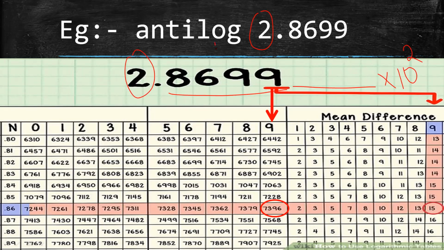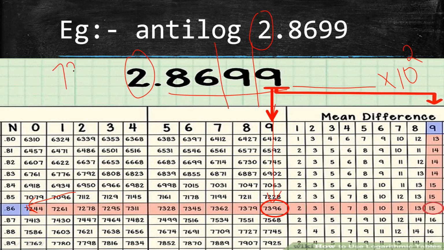Here you have to divide it into a set of 2 digits, 1 digit, and then 1 digit. The first part is 0.86, so you have to keep your ruler against 0.86 in the table. The next digit is 9, so in the next column, read the value coming under 9 against 0.86. It is nothing but 7396.